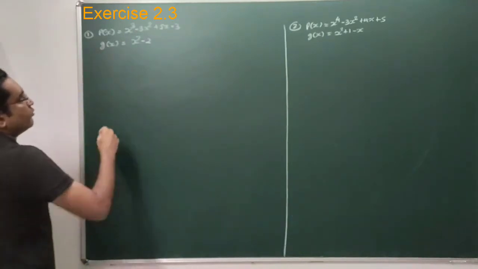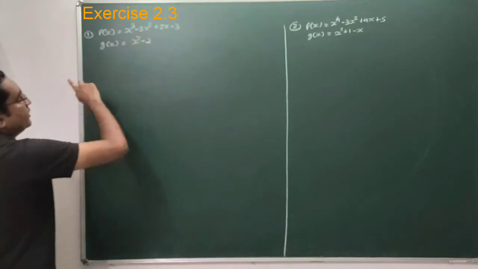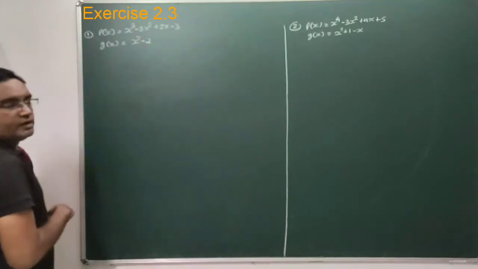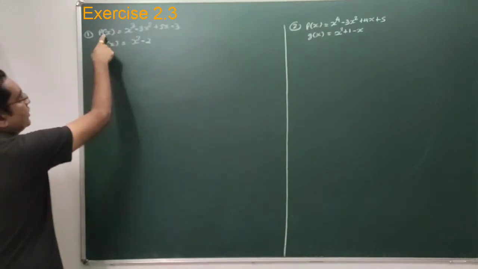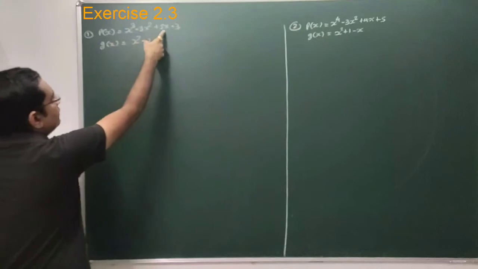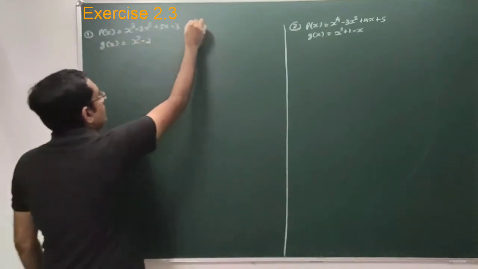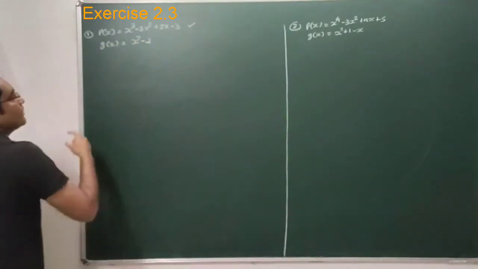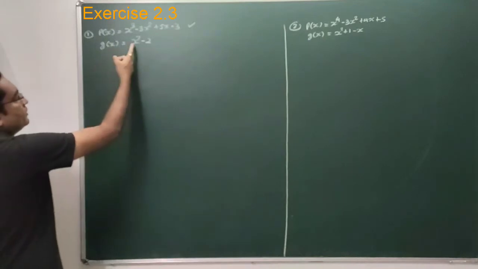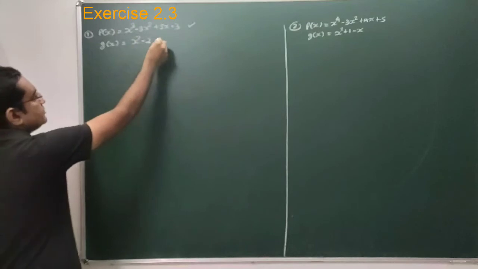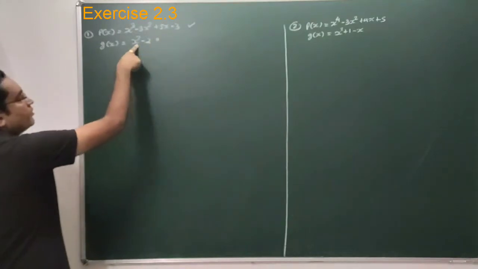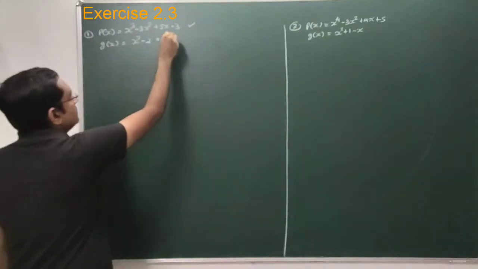First you have to write the dividend polynomial in standard form and then you have to write the divisor polynomial in standard form. So here the dividend polynomial is a polynomial of variable x with powers 3, 2, 1 and a constant term, which is already in standard form. But in the divisor polynomial, the term with power 2 is there, but the power of variable x 1 is missing.